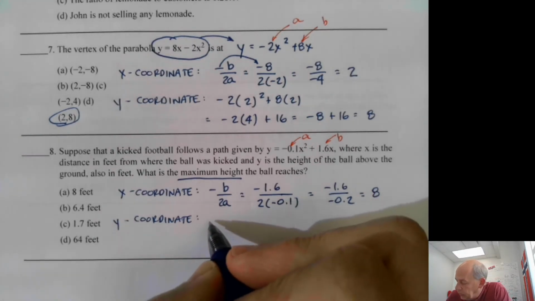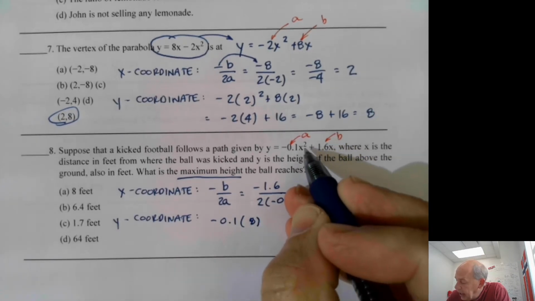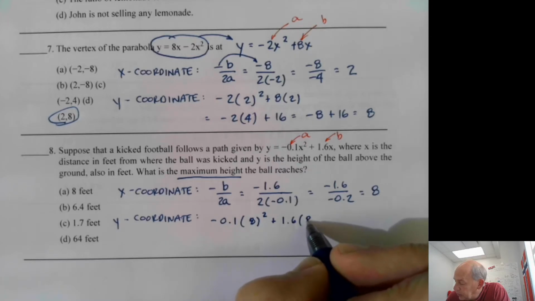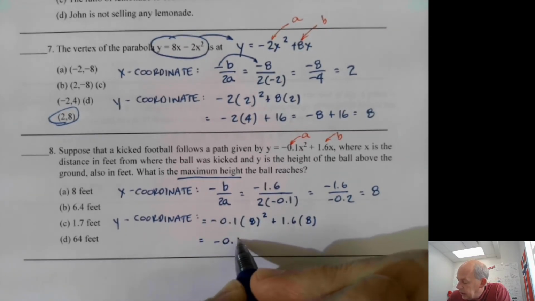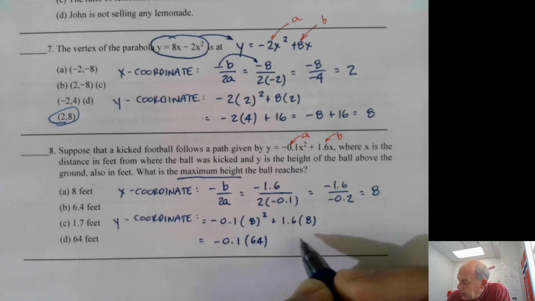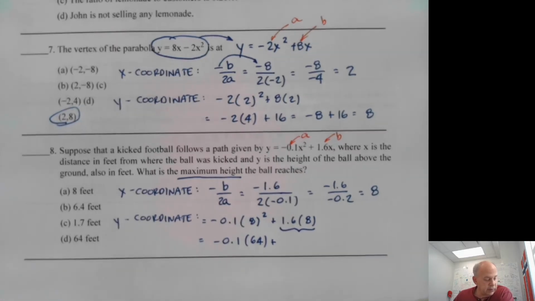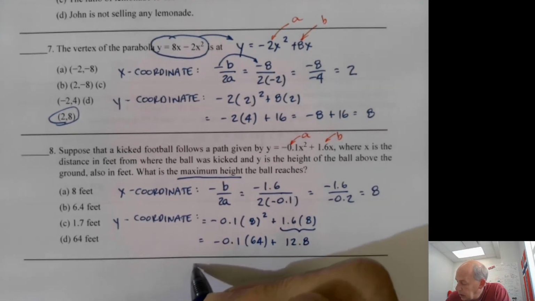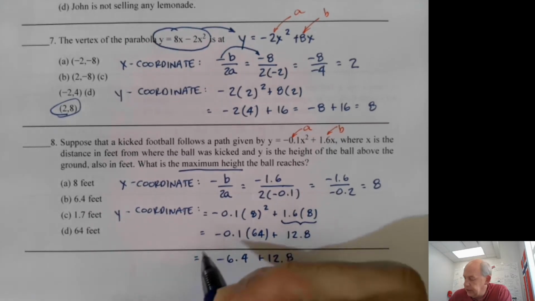Now, to find the y coordinate, I'm going to plug in 8 into this equation and do a little bit of multiplication in my calculator. So I have negative 0.1 times 64, plus these two values multiplied is 12.8. So I have negative 6.4 plus 12.8.